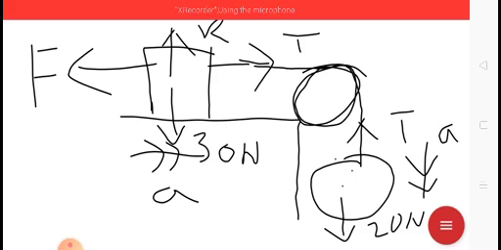In order to find the tension in the string, you will need to form at least 2 equations to solve it. So you need to consider the block and the ball separately. Okay, so this is the diagram.